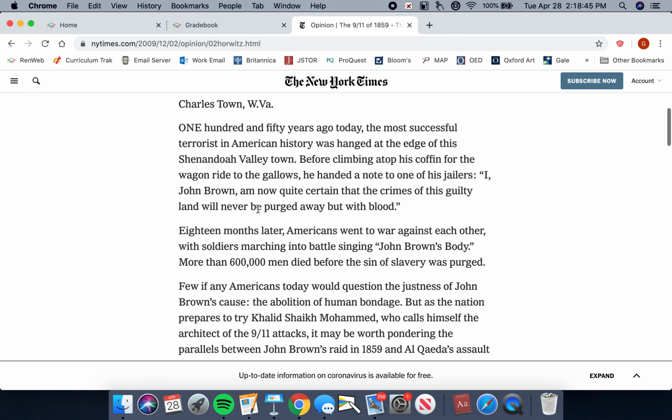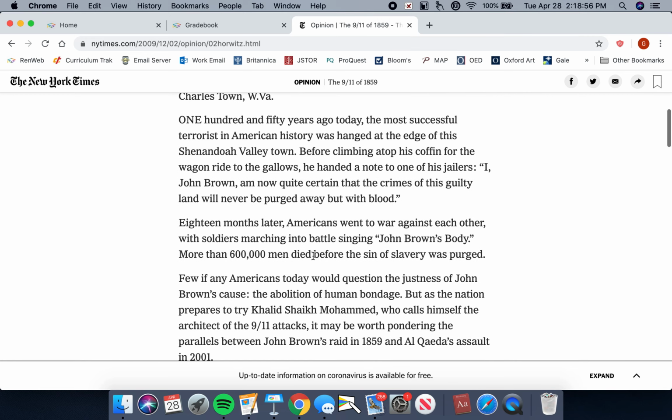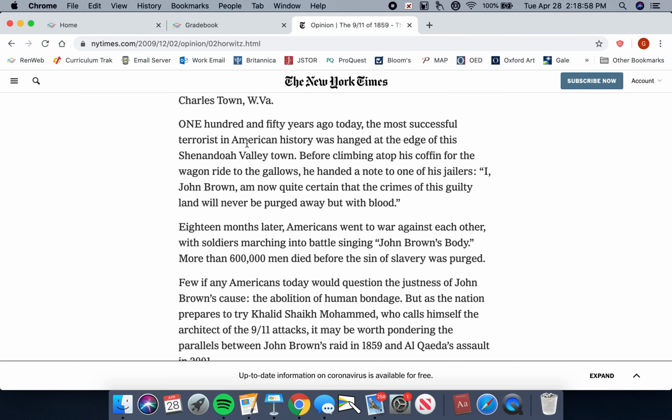Okay, so in the beginning of the argument, essentially, what Horowitz is saying is that John Brown, who he calls the most successful terrorist in American history, is that because the goal of a terrorist is to destabilize and catalyze war. That's what terror activity is, to terrorize and destabilize a society with the goal of cultivating warfare.